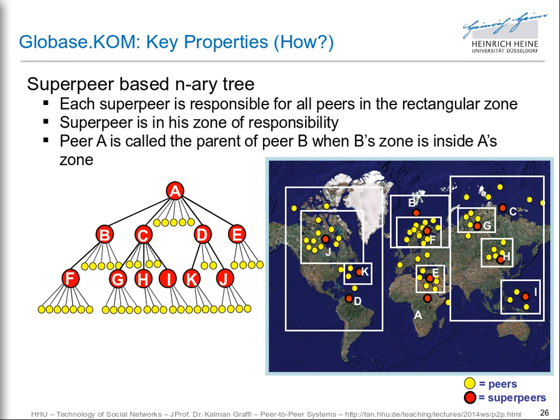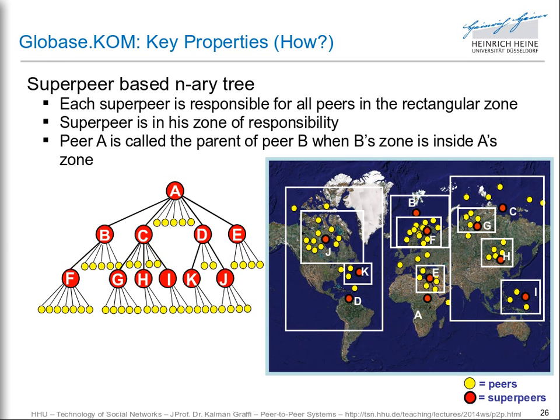And for example, A is responsible for the whole Earth, but he has only some peers outside the other rectangular zones. For example, this one.